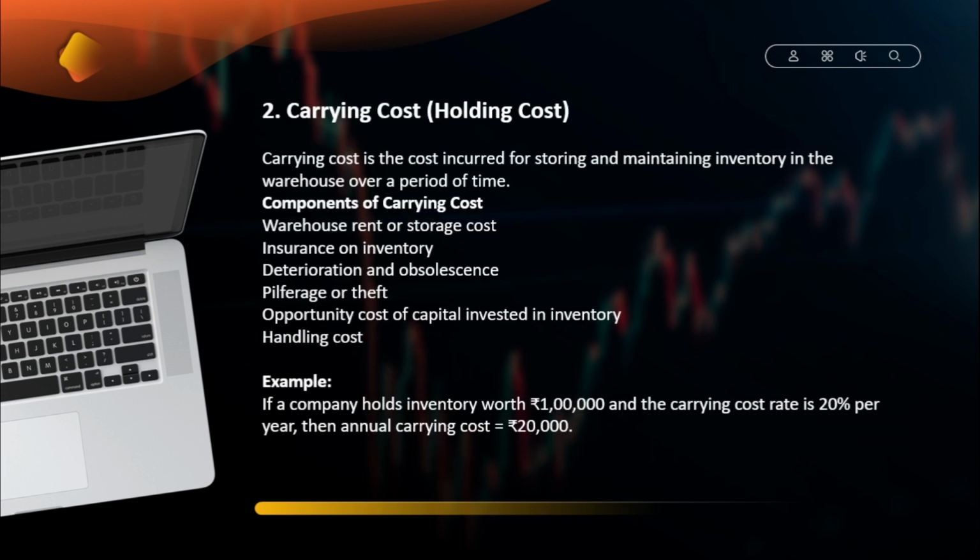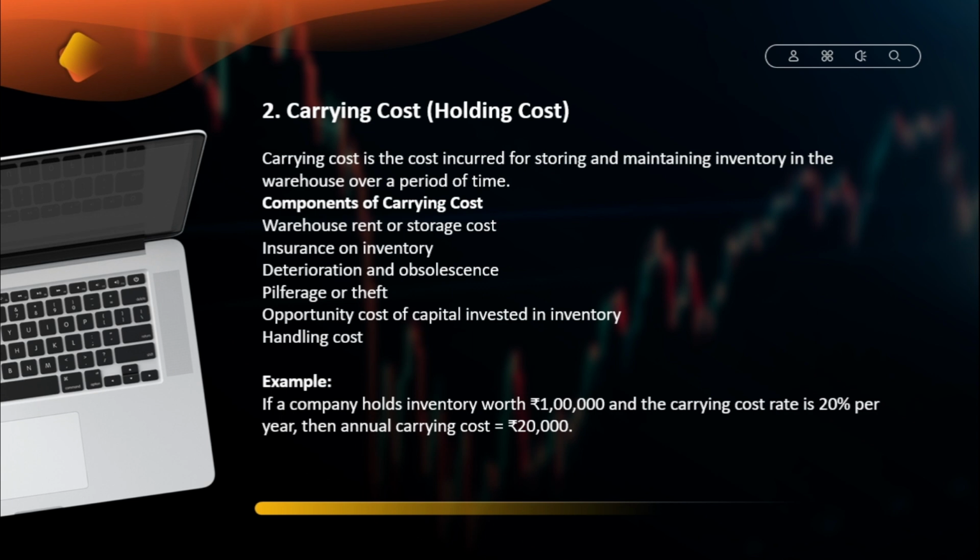Next type is carrying cost, or we can call it holding cost. Carrying cost is the cost incurred for storing and maintaining inventory in the warehouse over a period of time.